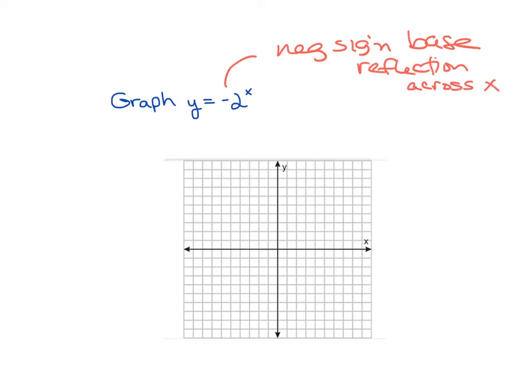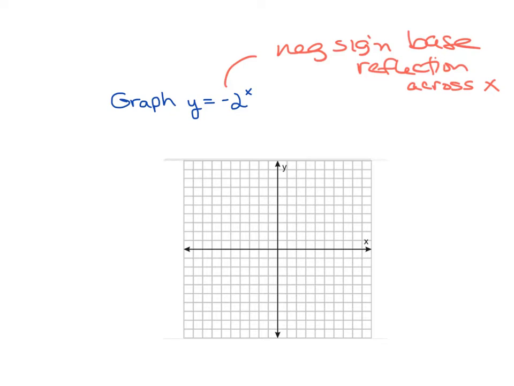So when you go to graph this, if the points you came up with are not flipped over that x-axis, you know you've done something wrong. Now, be very, very careful when there's a negative sign in front of the base. Notice there's no parentheses around this. So when I go to do this, most of my answers are going to be negative because that negative sign is not being held in.